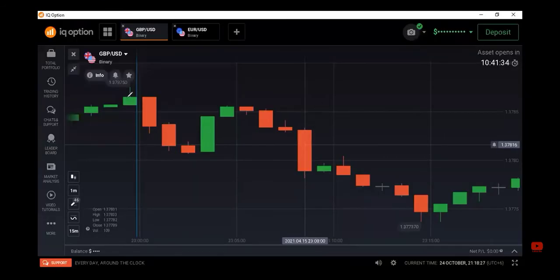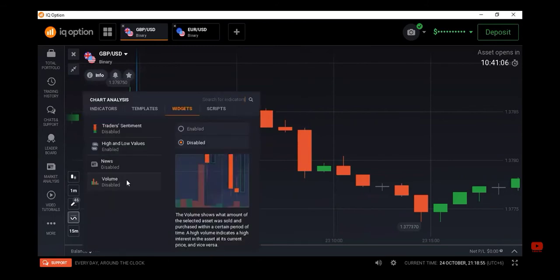See here, if we start from here, the market creates one, two, three candlesticks here. After these two candlesticks, it's a corrective wave. So this is a signal candle. Let me add the volume.